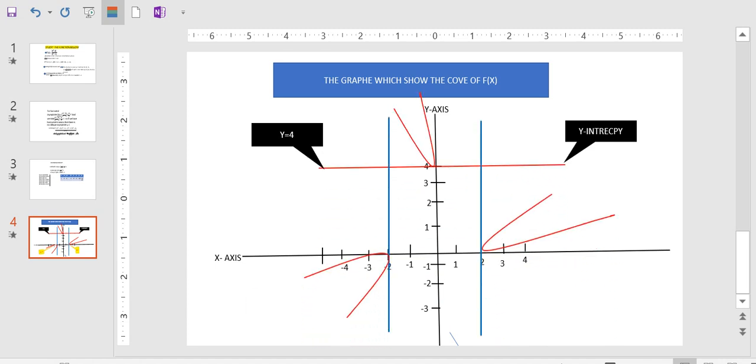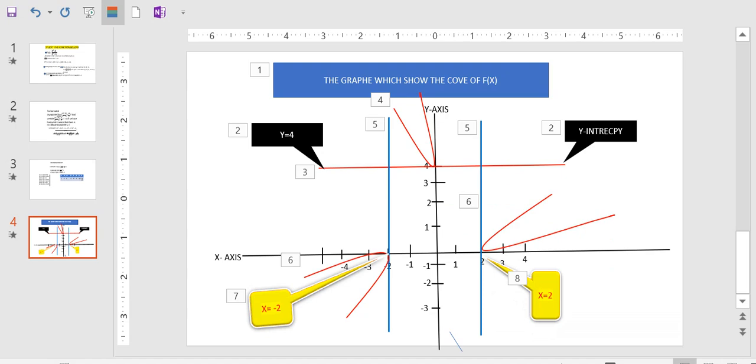You see the x-intercept, the y-intercept, and how we draw where the line passes and the curve. This is the perfect graph which shows how we present the steps I have told you, and see how it is drawn.